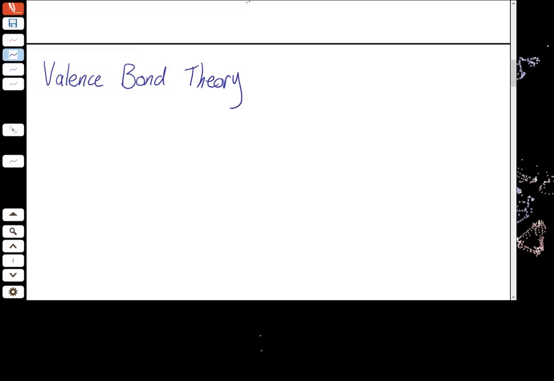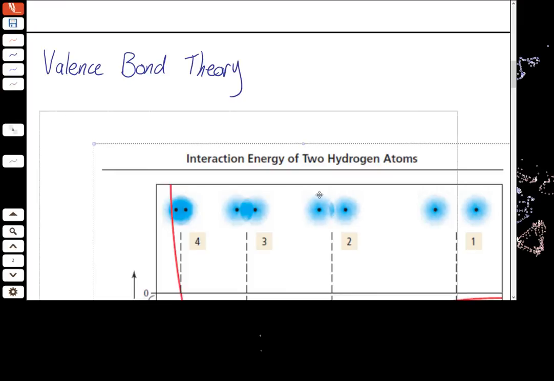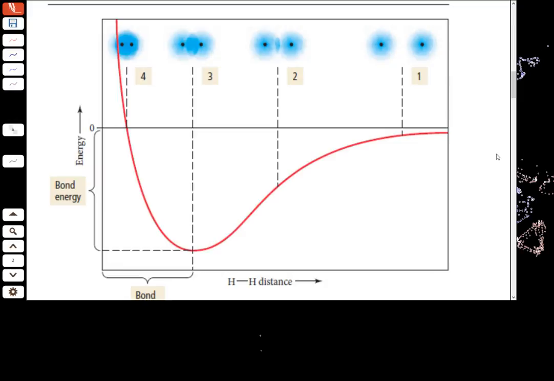So kind of the classic example, which is actually kind of an exception, is hydrogen. Let's take a look at a graph like this. So if you imagine 2 hydrogen atoms, each one has an electron in a 1s orbital.